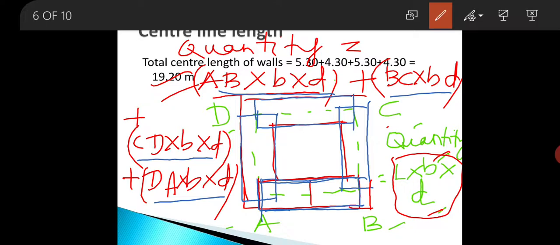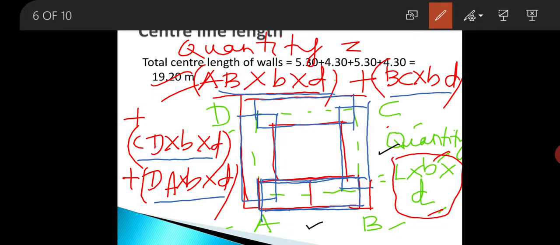So consider one thing, that means in our quantity calculation as per the center line method we have covered the entire wall. But mark one thing, while taking the AB wall and BC wall, some portion is common here.